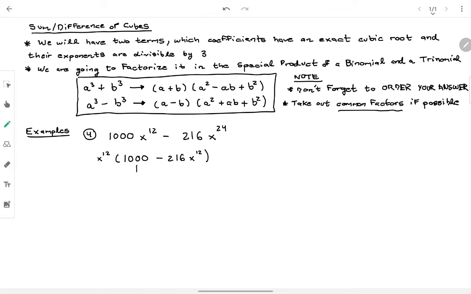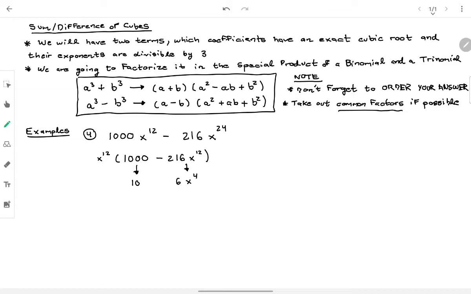So in this case, this one has a specific cubic root that it's 10 times 10 times 10. This one has a specific cubic root that it's 6 times 6 is 36, times 6 is 216. So in this case, the power is also divisible by 3. 12 divided by 3, it's 4.